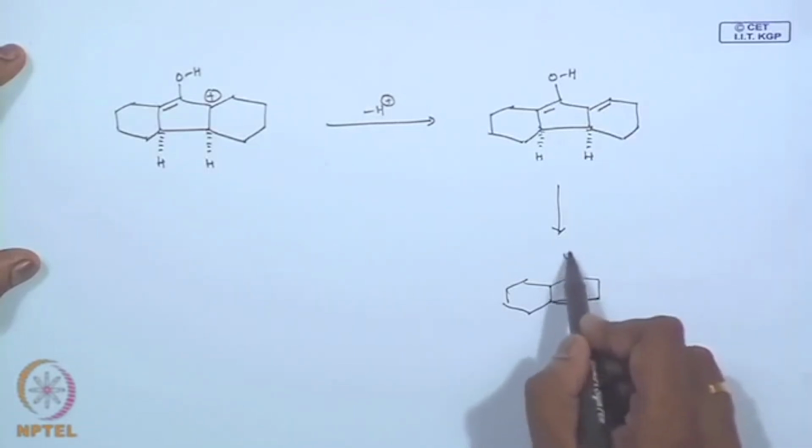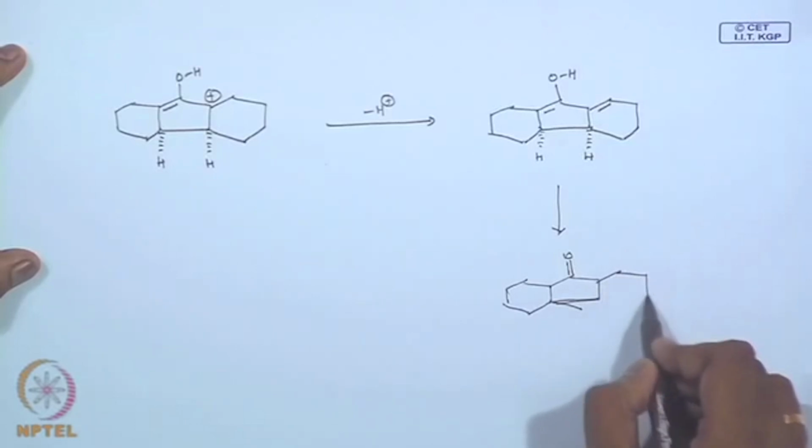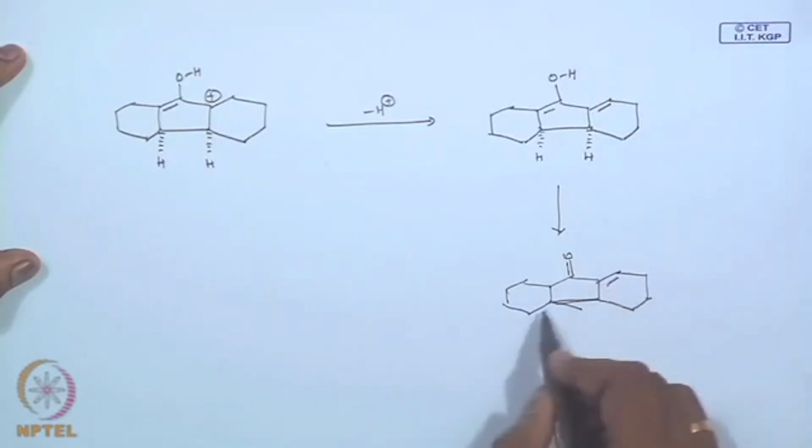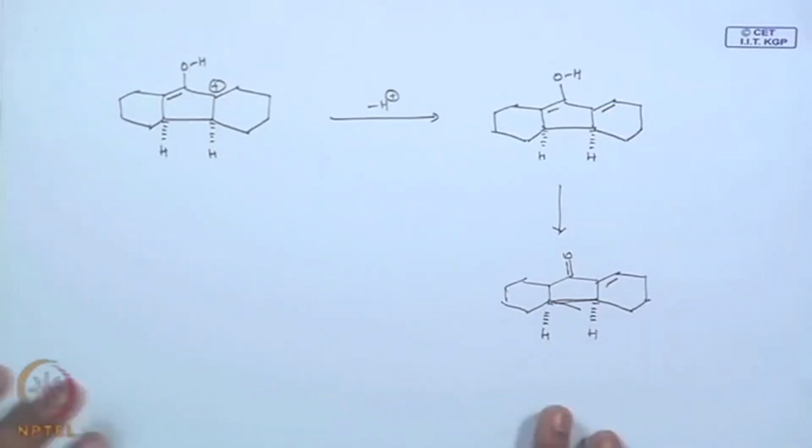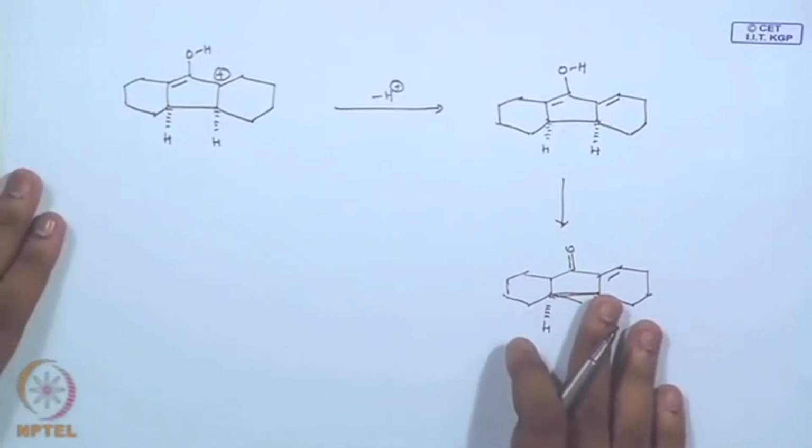We can analyze this one, but this is the interesting hydrogen. So that's the nature of cyclization.